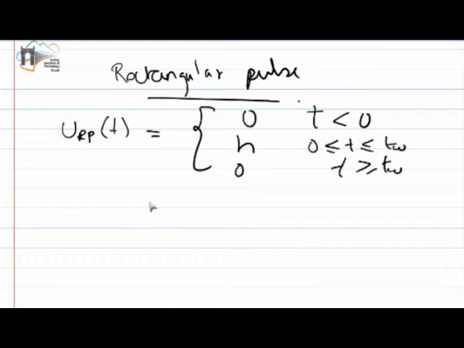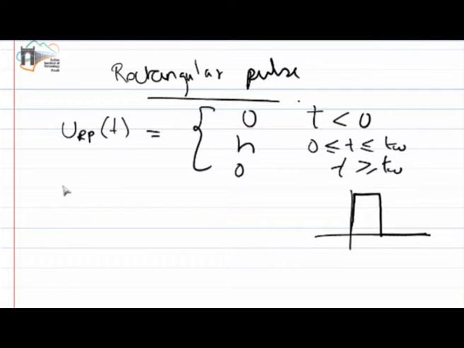Also, you could denote this signal with the help of step signals, because if I represent the rectangular pulse, it is this one.